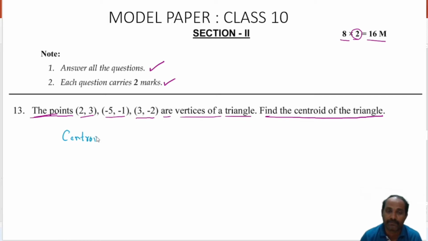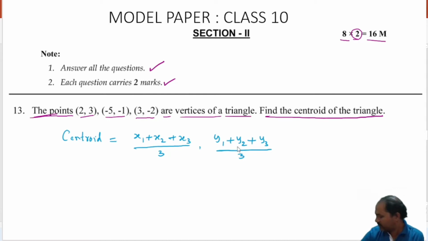Centroid is equal to ((x1 + x2 + x3)/3, (y1 + y2 + y3)/3). This one is the centroid formula.